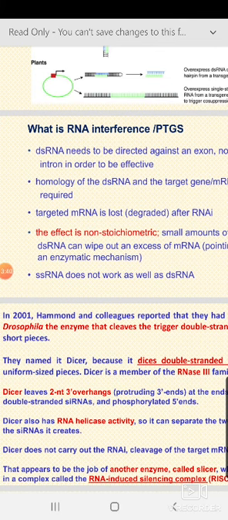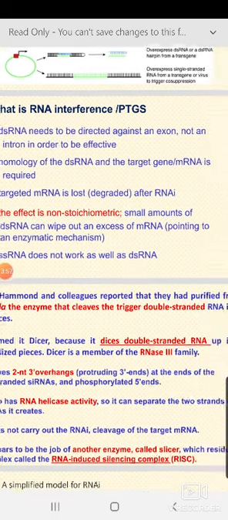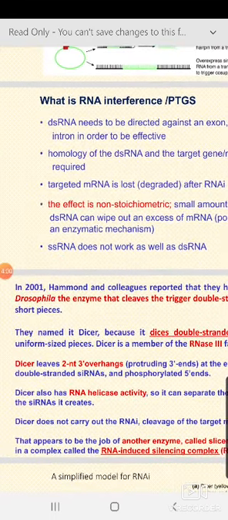We are going to silence one particular gene's expression. That means our target is the mRNA to be degraded. How? We introduce a double-stranded RNA specific for that gene's exonic sequence. Homology of the double-stranded RNA and the target gene mRNA is required. That's the reason we have chosen the exonic sequence.